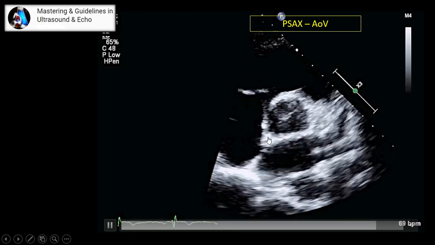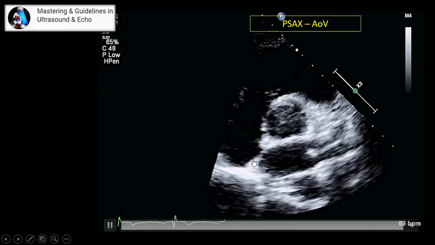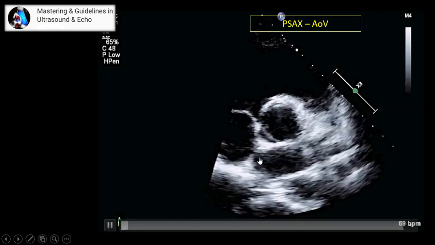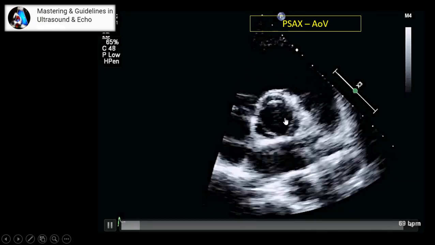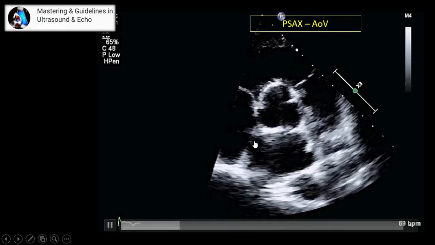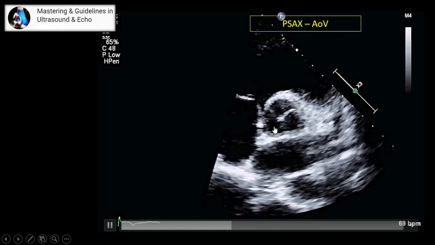Our landmark is the intraatrial septum, IAS. This is the left atrium, this is the right atrium, and this septum, a hyperechoic line that is a little thinner at the center, is the intraatrial septum. The cusp that is connected to and adjacent to the intraatrial septum will be the non-coronary cusp.